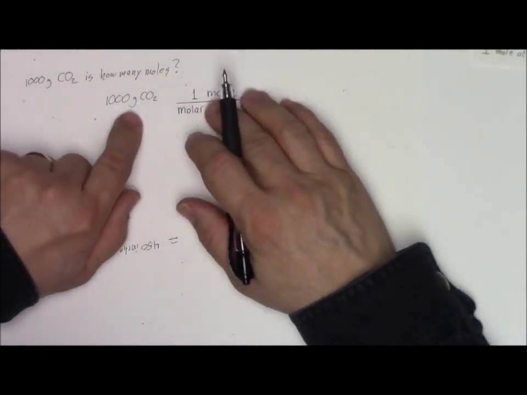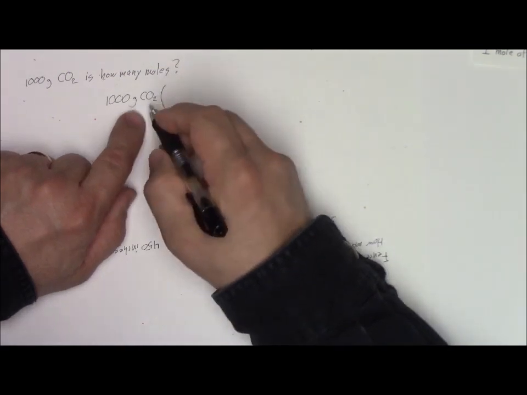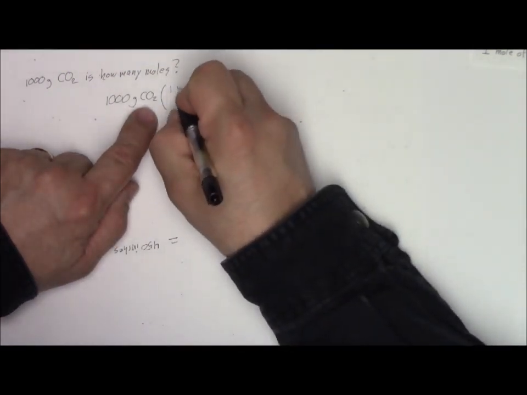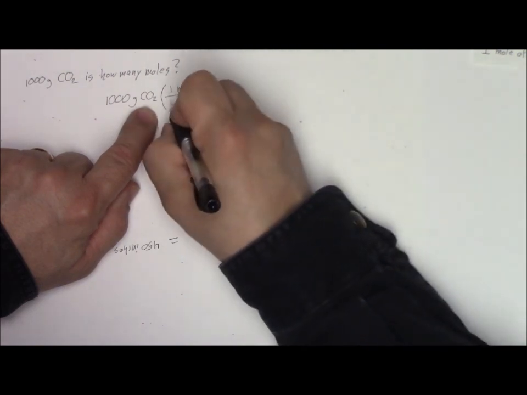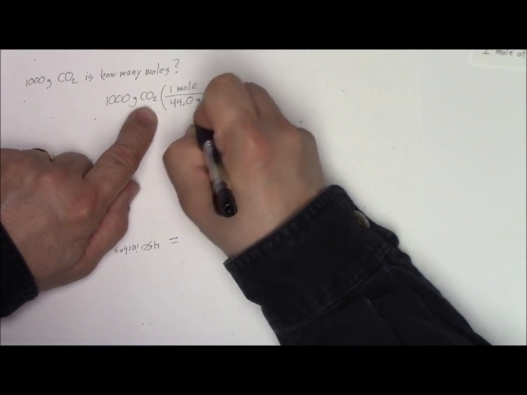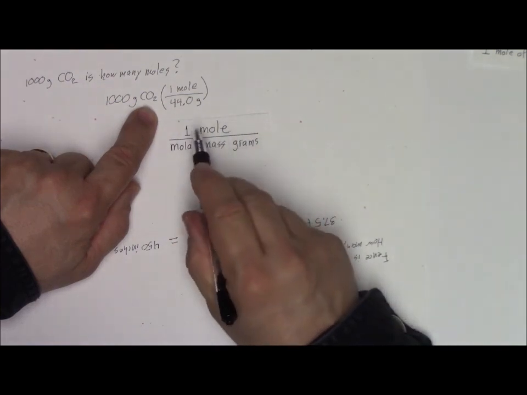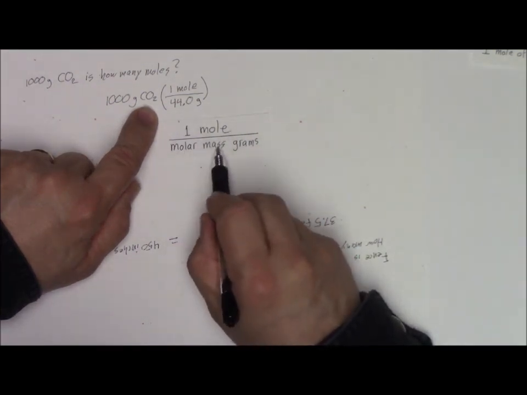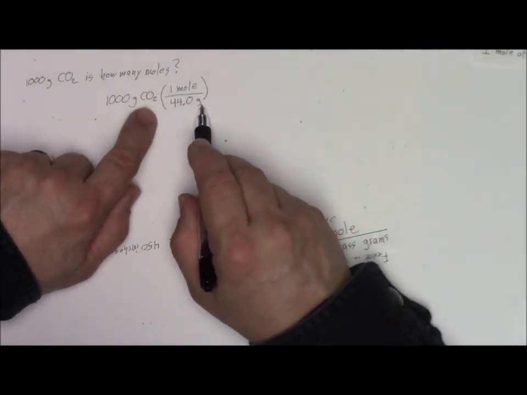So we would multiply 1,000 grams of CO2 times 1 mole over 44.0 grams. We've just taken this conversion factor and put the number in for the molar mass. So carbon dioxide has a molar mass of 44 grams.